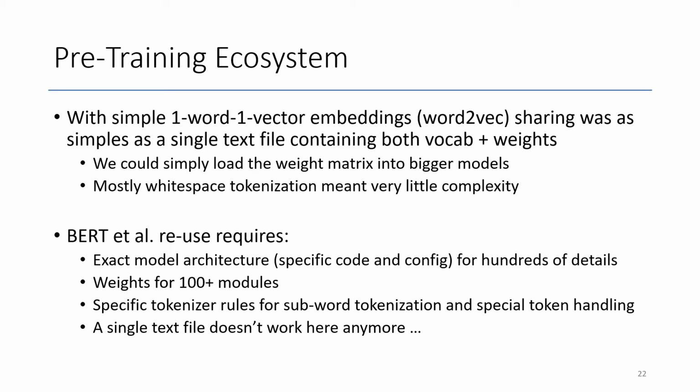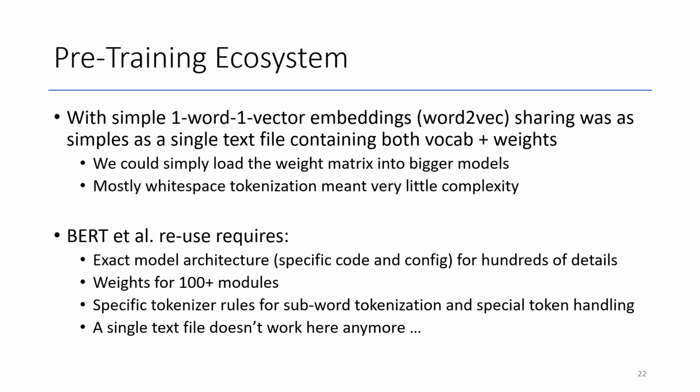Okay, so now our situation is that some research groups create those awesome models, but now the problem is how to share them efficiently and how to share them with very low barriers in the community.